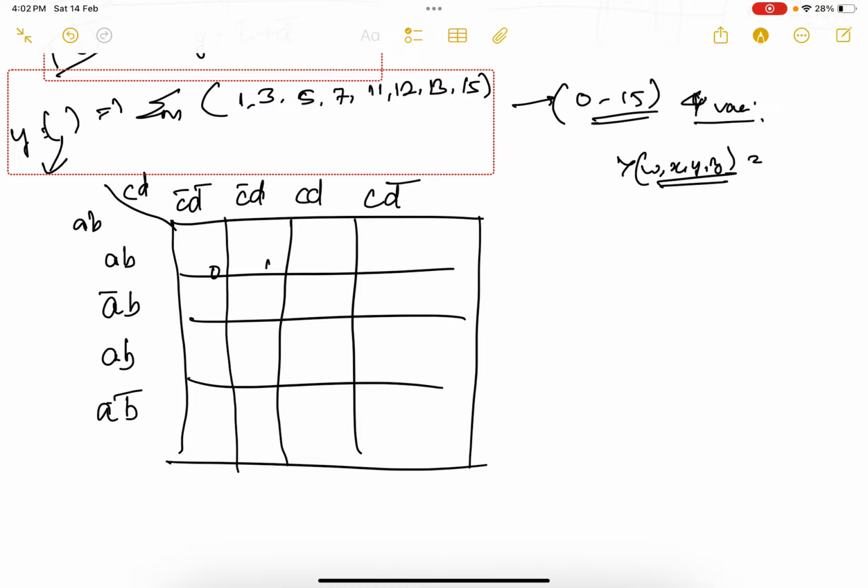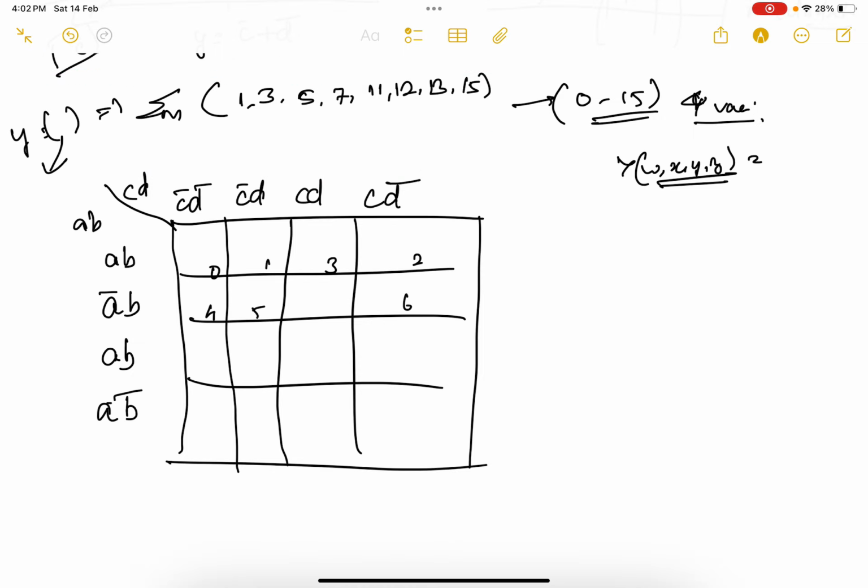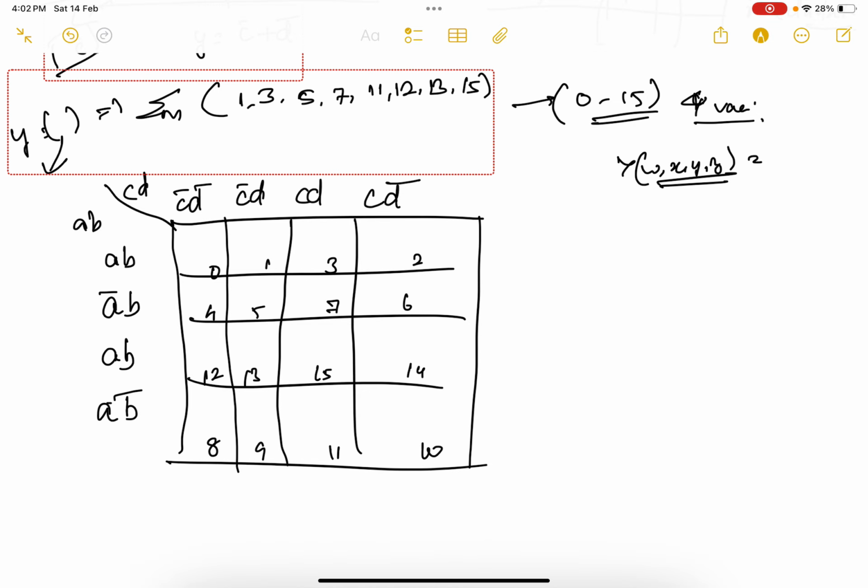Then the numbering 0 1 2 3, 4 5 6 7, 8 9 10 11 and 12 13 14 15. Okay. Now wherever the values are there, fill it in the corresponding cells. So we have 1, 3, 5, 7, then 11, then 12, 13 and 15.